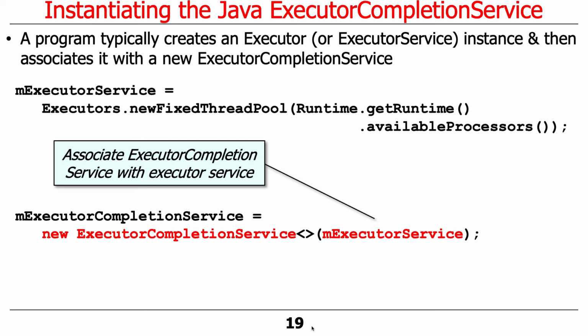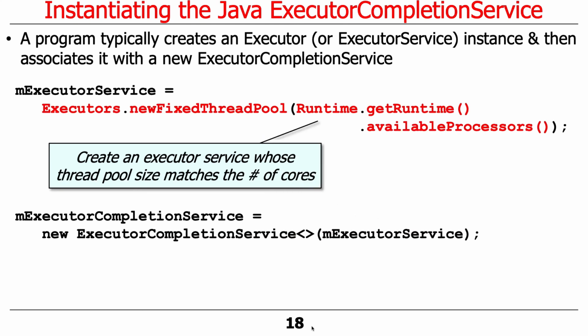And so what that does is that will then go ahead and associate this executor with the executor completion service. And then when someone submits tasks to the executor completion service, to this guy here, that then uses the executor service and the pool of threads, in this case a fixed size thread pool, to run that in the background. And of course, what's cool about this is you can change the type of thread pool just by modifying this call.